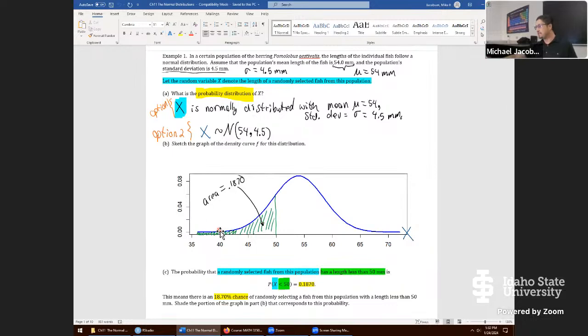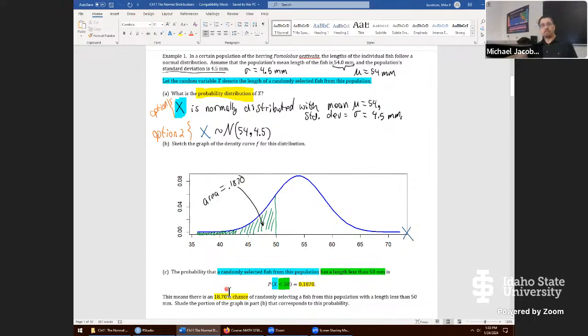But the most important thing is, if you're asked a question like, what is the probability that x is less than 50, what you would do is find the value 50 here on the horizontal axis, and accumulate the area going to the left, matching the direction of the inequality. We can find through technology that this particular area is 0.1870.